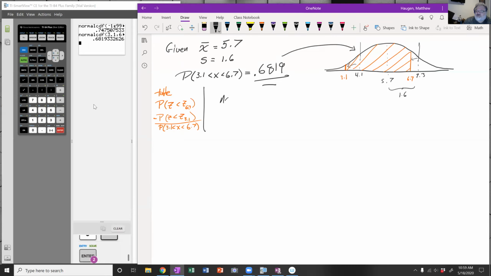But yeah, that's just a normal CDF: lower bound, upper bound, mean average specifically, standard deviation, and that's our tool.